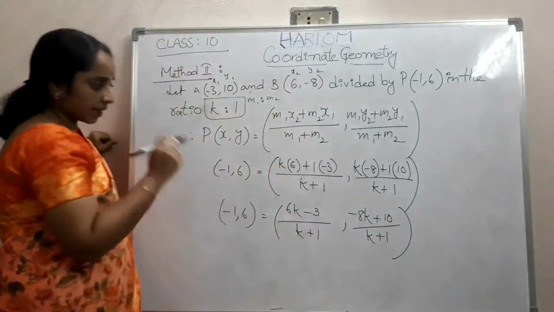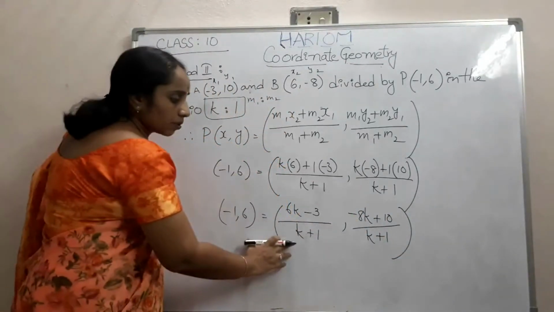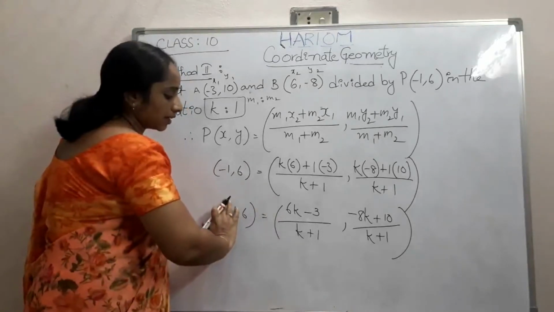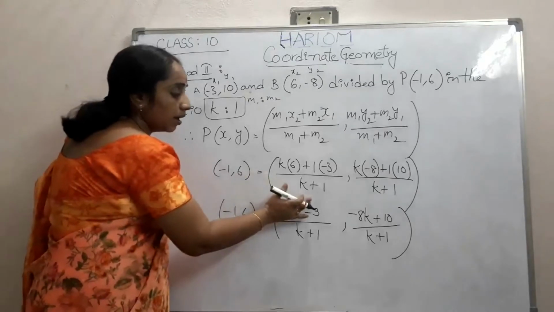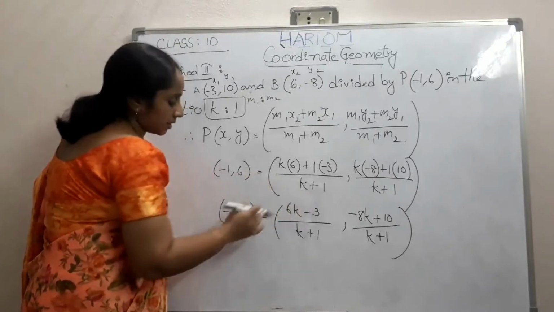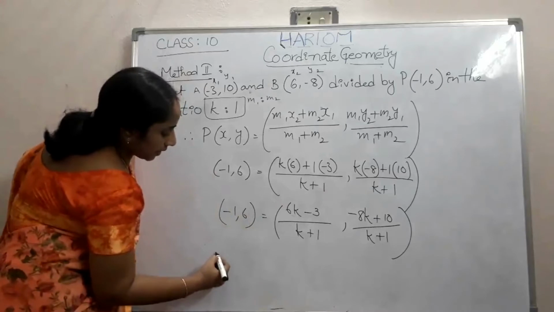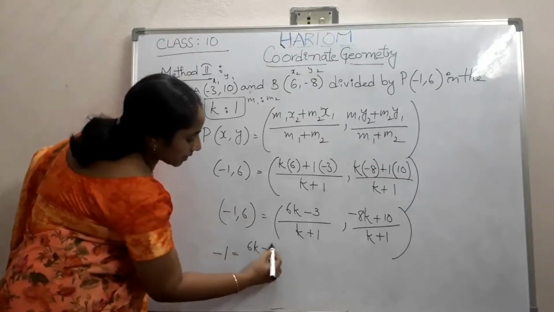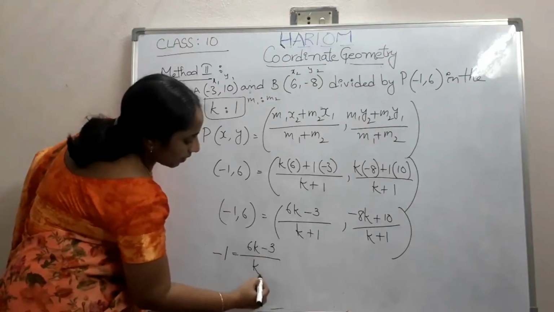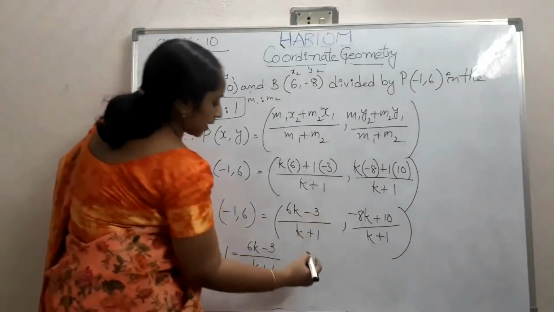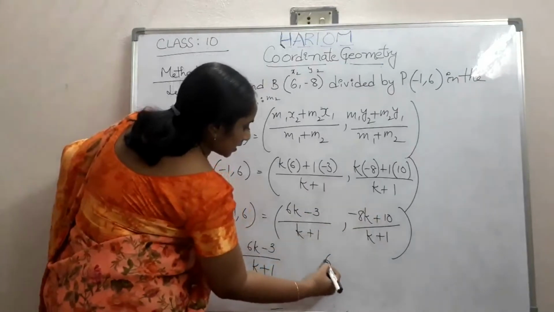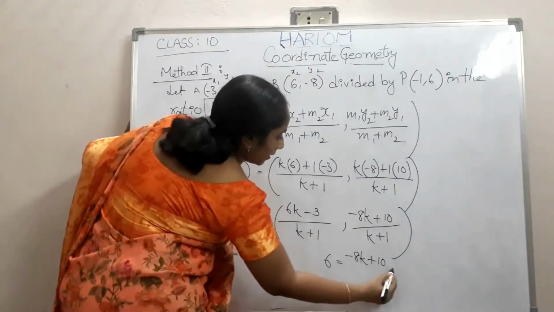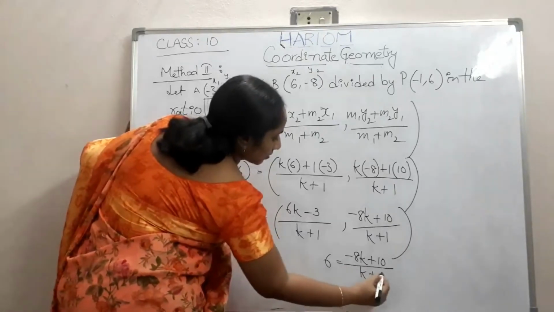As I said, if two coordinates are equal, then the x coordinate of the LHS is equal to the x coordinate of the RHS. So we can get -1 is equal to (6k - 3) by (k + 1). On this side, 6 is equal to (-8k + 10) by (k + 1).